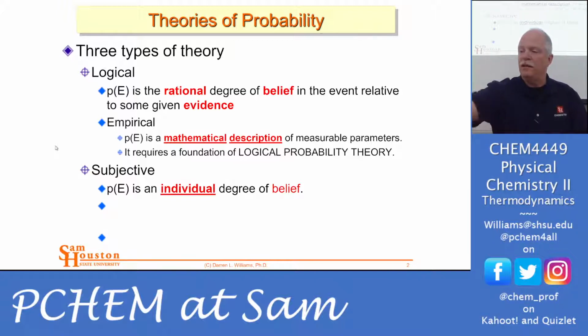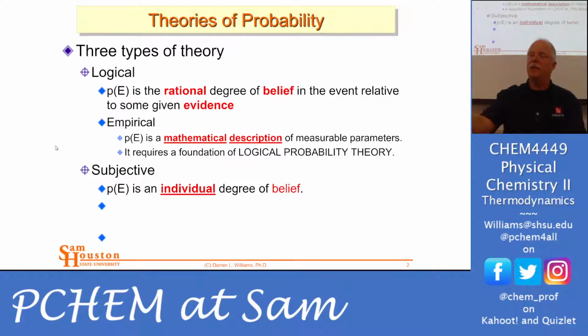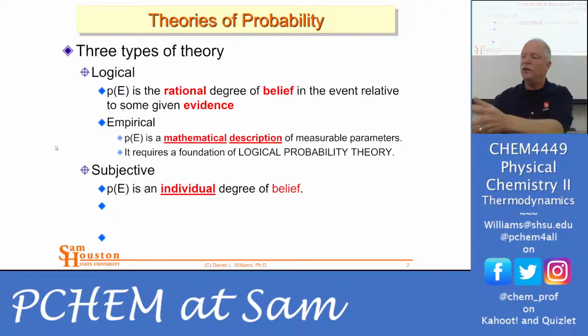Whereas the position of this cup on the table is objective. There's no mind involved there. Now we can take measurements, we can get multiple minds in here. We should get the same answer if we're using the same procedure and the same tool as to the location of that cup. So its position is an objective fact, and we can bring all different minds in to make that measurement, but we should all get the same result.